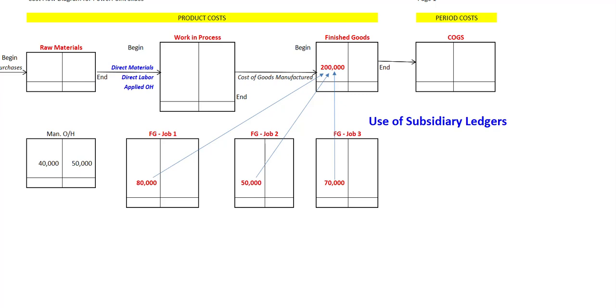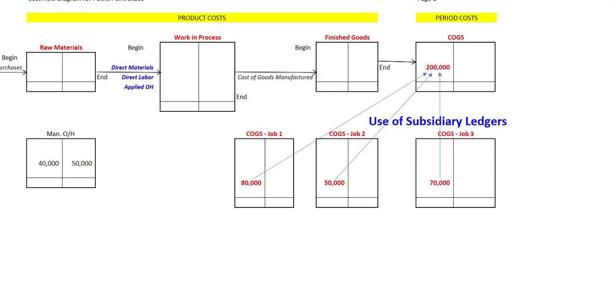The same is true when we transfer goods or jobs from work in process to finished goods. As we transfer the cost of job 1 to finished goods, we don't debit finished goods, we instead debit finished goods job 1, or of course finished goods job 2 and finished goods job 3. And all of those amounts tie up to our control account or parent account for finished goods. And we can do the same thing as we ship goods to customers.